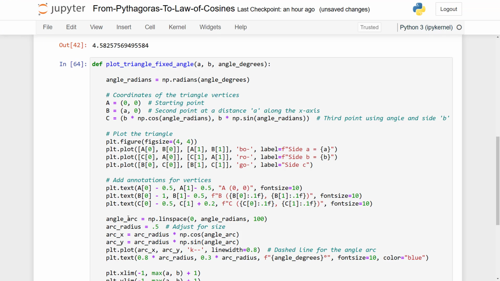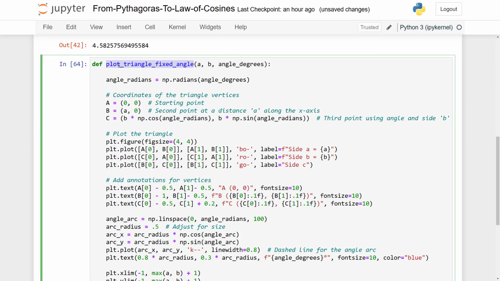And now plotting the triangle, there is a separate function, plot triangle fixed angle, pretty much. First thing is we do the angle into radians. We do the starting points. The A and B are somehow calculated.